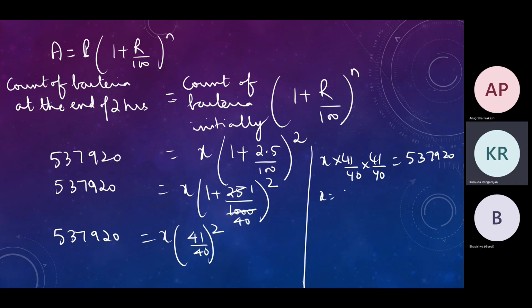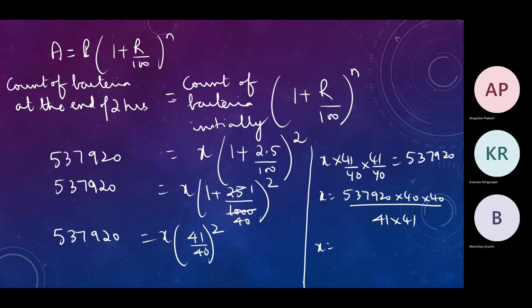So X is equal to 537920 into 40 divided by 41 into 41. So this will be the count of the bacteria initially. I'm using a calculator. 537920 divided by... it is 512,000.